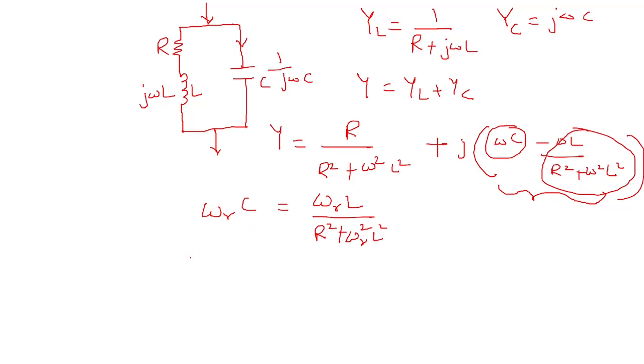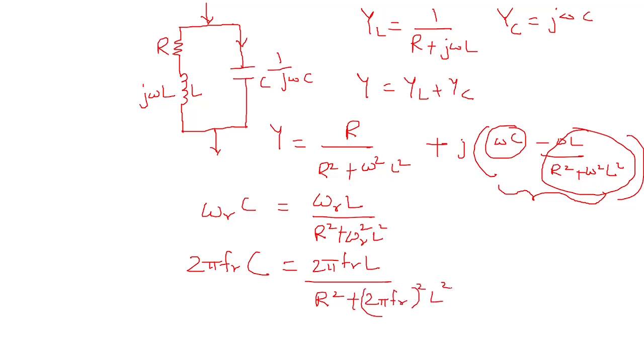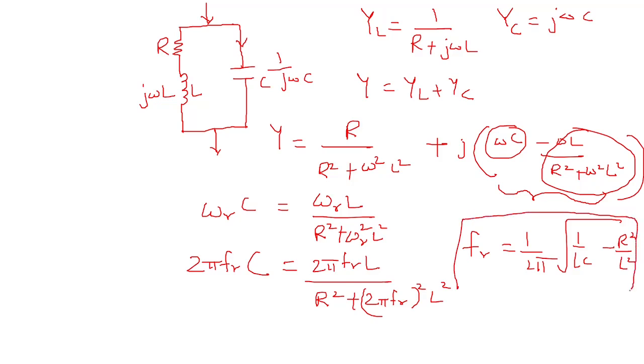Omega is 2 pi FR, so 2 pi FR C equals 2 pi FR L upon R square plus 2 pi FR whole square L square. If you solve this, we get the resonant frequency FR equal to 1 upon 2 pi times the square root of 1 upon LC minus R square upon L square.